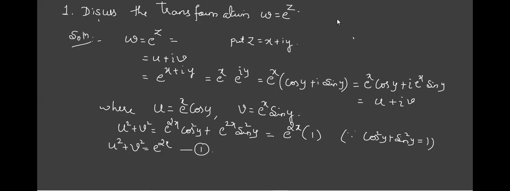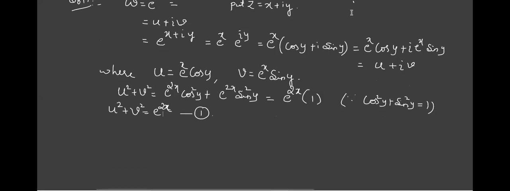You have only x in terms of u and v. You don't have a y here. Now we'll see, can I get a relation in terms of y not containing x? By dividing. Very good. Let us divide.